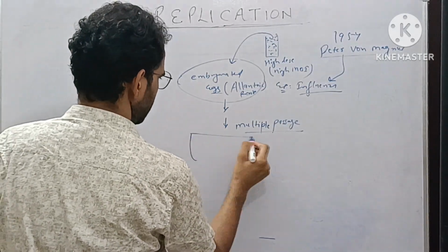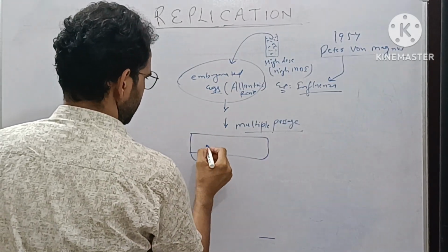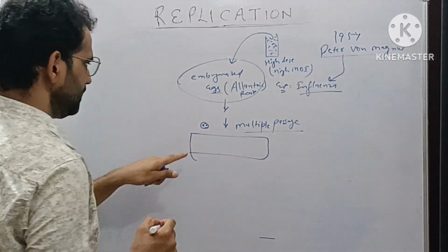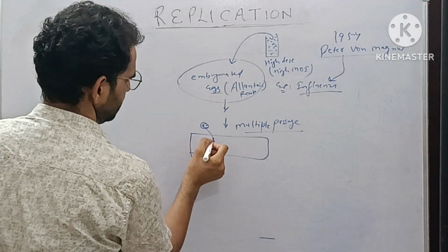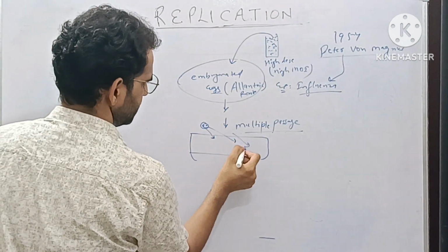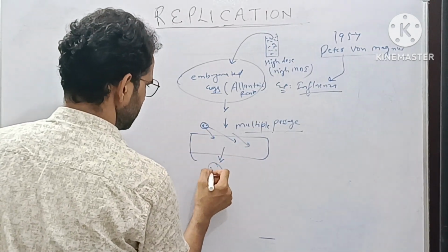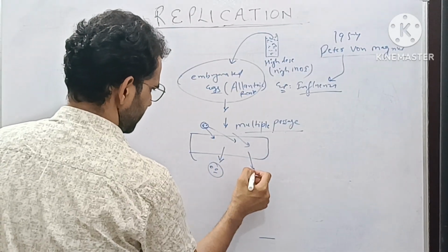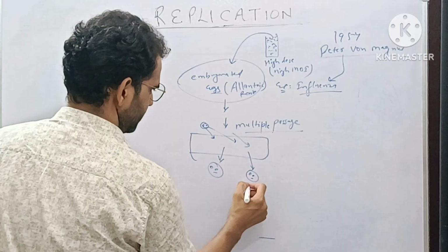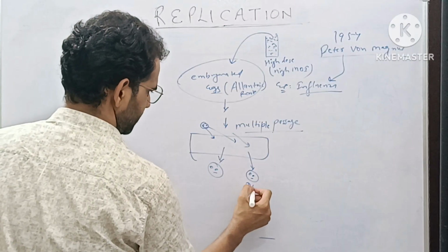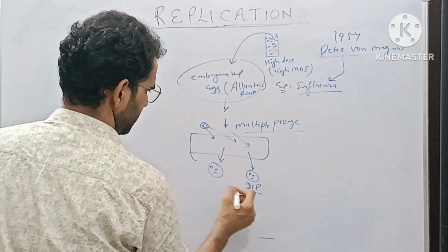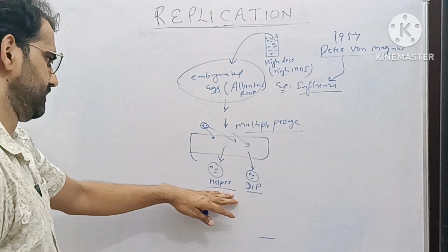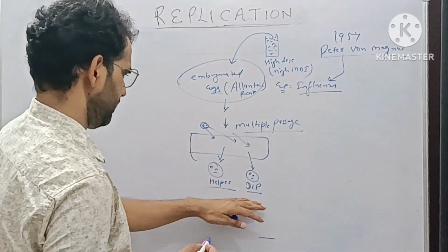What he found was that this virus enters, and what comes out is normal infectious virus and defective interfering particles, and this normal one is known as helper virus. Why is it called helper virus?